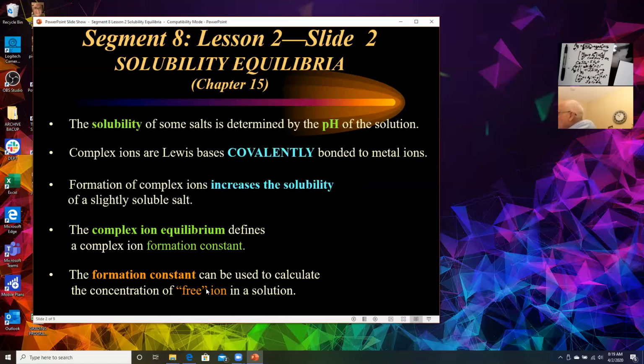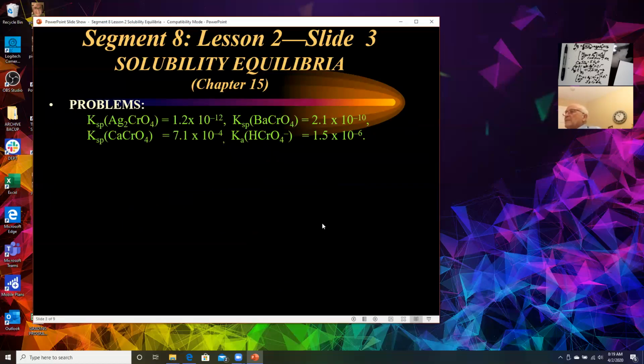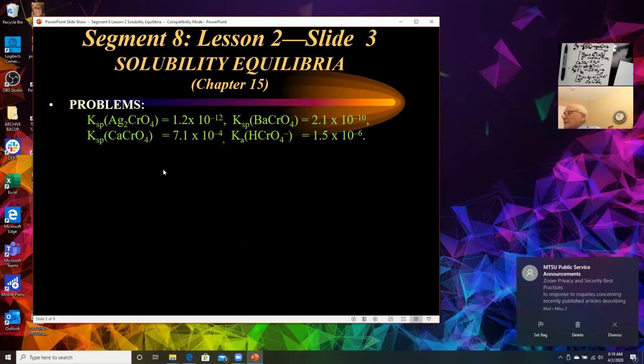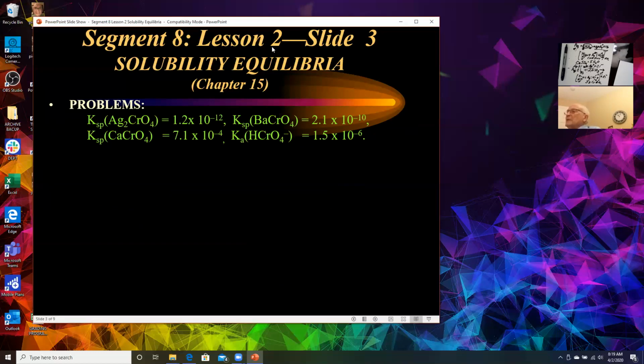For example, we could calculate how much silver ion was still present after we added ammonia to create that complex ion. Now, we're not going to do this in this class. But here are some problems now that we'll go through to look at the effect on solubility of some chromate compounds.